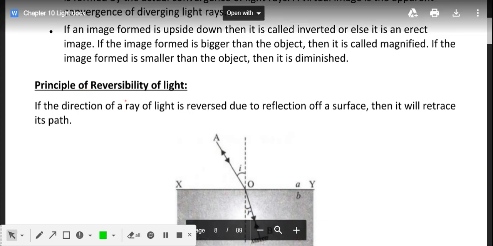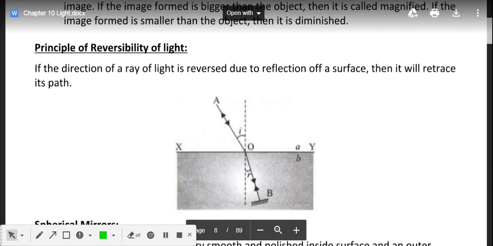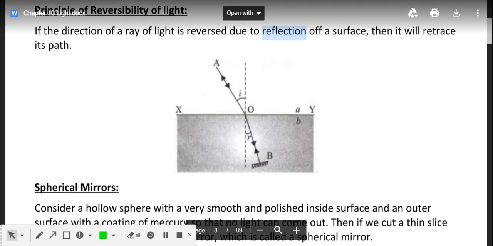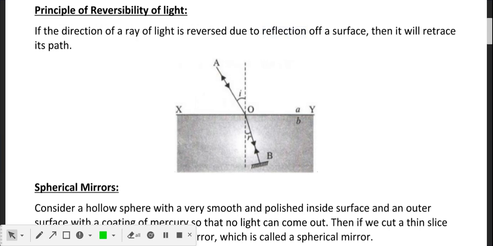Principle of reversibility of light. What do you mean by this? If the direction of a ray of light is reversed due to reflection from a surface, then it will retrace its path. See this image: this incident ray is going like this and is getting bounced back, and the same appears here.